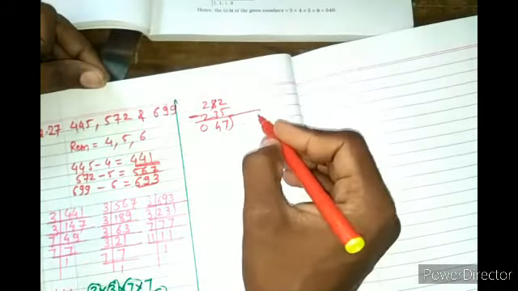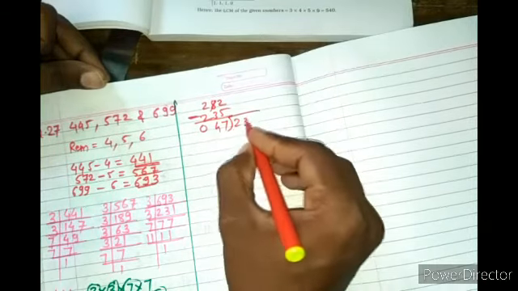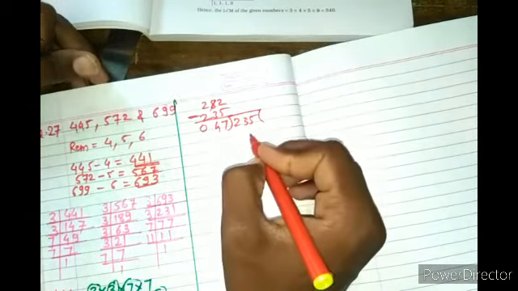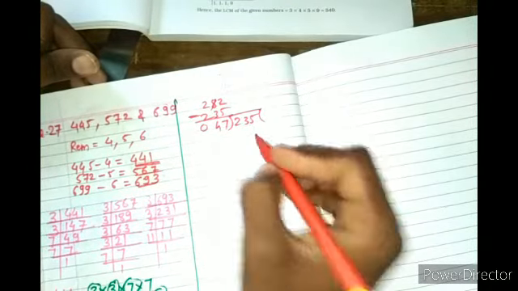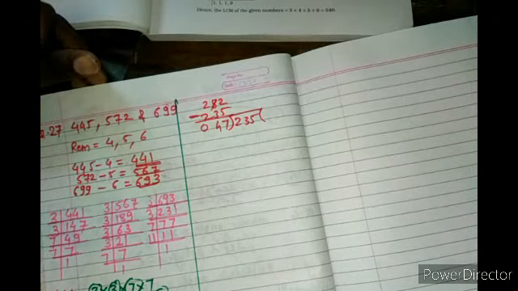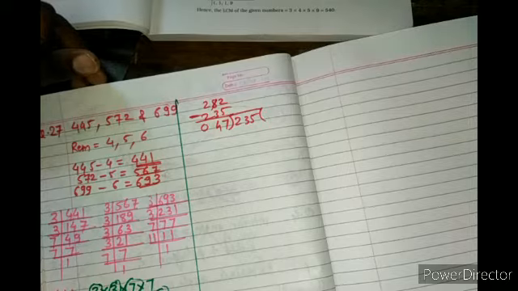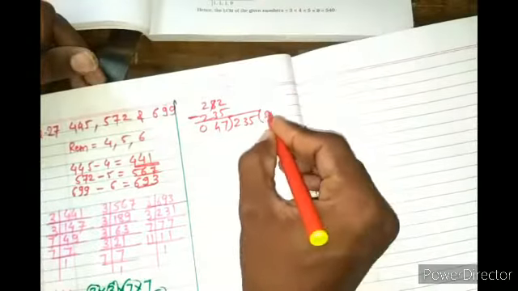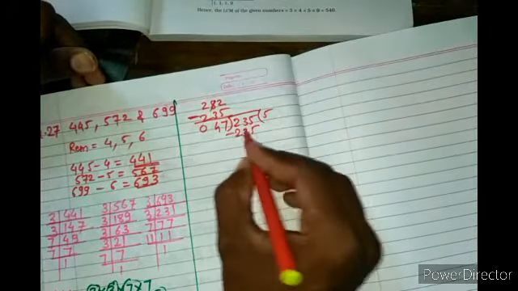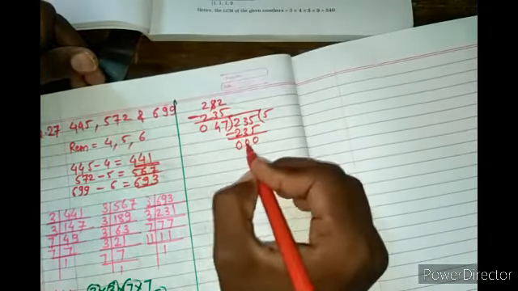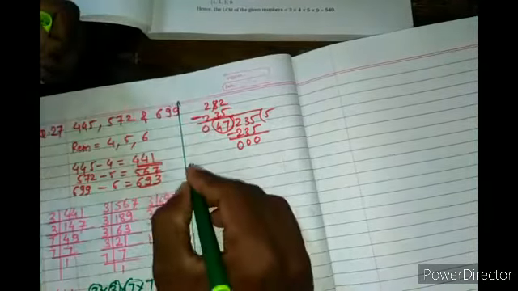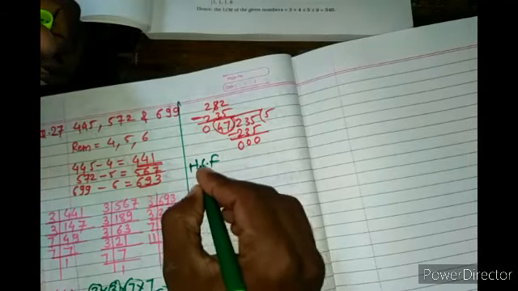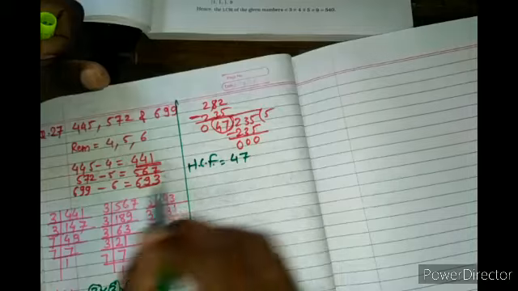Now this 47 will divide our previous divisor, that is 235. Now think about how many times it goes; which multiple is nearest to 235? Any guesses? Yes, 5. If you multiply by 5, you naturally get 235, and that will give 0, 0, 0. So what is our HCF? The HCF is 47, which is our last divisor.